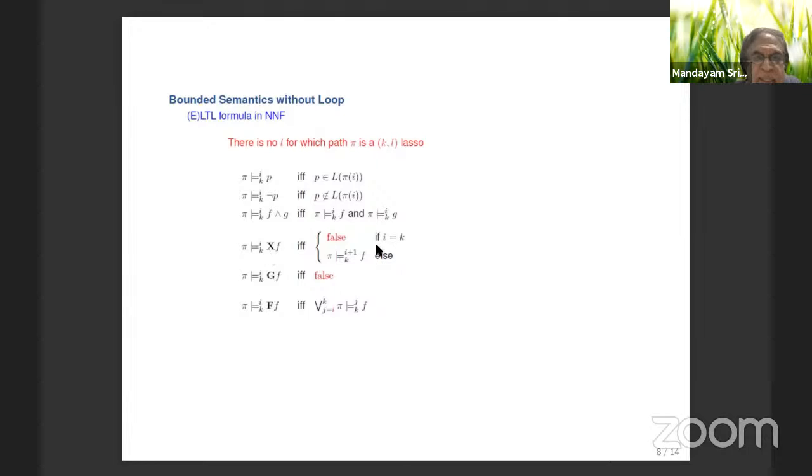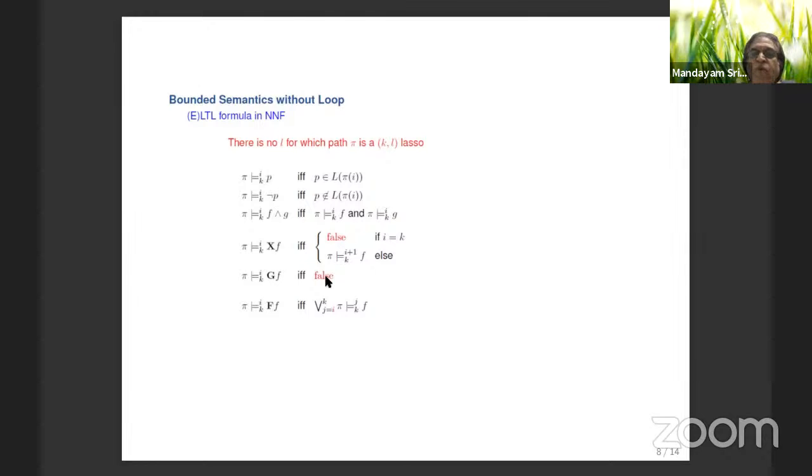Therefore, if the K prefix is not long enough and it has not lassoed... if it is lassoed, you know that the same thing repeats. Therefore, you can look at that lassoing part and then come to some conclusion. If it is not lassoed, then you cannot answer for X, because you have to go to the next state. Similarly G, you can only tell if it has looped back to some point. Only then can you come to some conclusion.